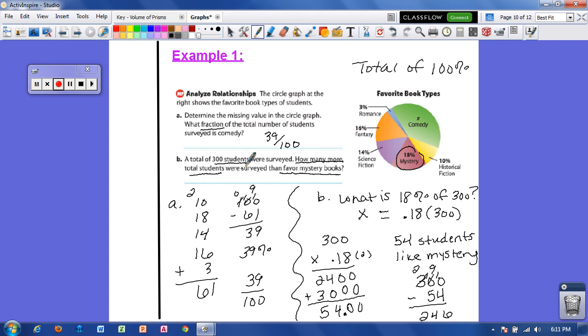So that means 246 students did not like mystery.